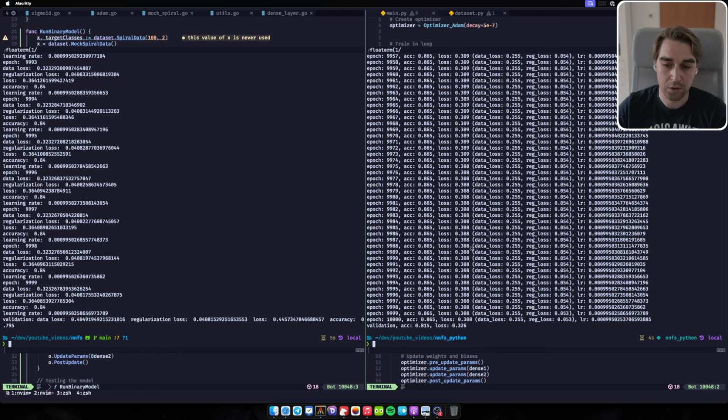Yes, so it's actually not valid for me to check how the validation goes. But if I take a look at the epochs, that should be more or less the same. So for example, I have the accuracy 84%. There is the 8065. Okay. Loss is less here. Data loss is 0.32.